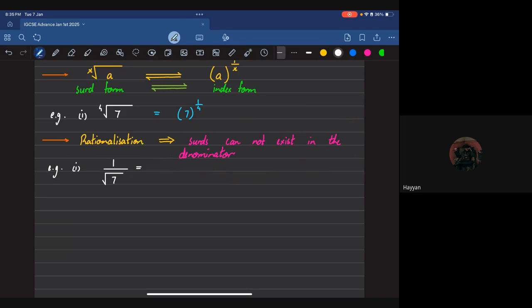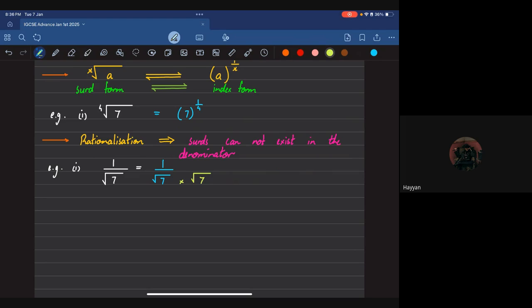How do we do that? What we're simply going to do is we're going to take our same surd in the denominator and we're going to multiply it with itself. Now, obviously, you guys know the drill that whenever we multiply something with itself in a fraction, you have to do it with both, the numerator and the denominator, in order to make sure that the balance of the fraction remains intact.